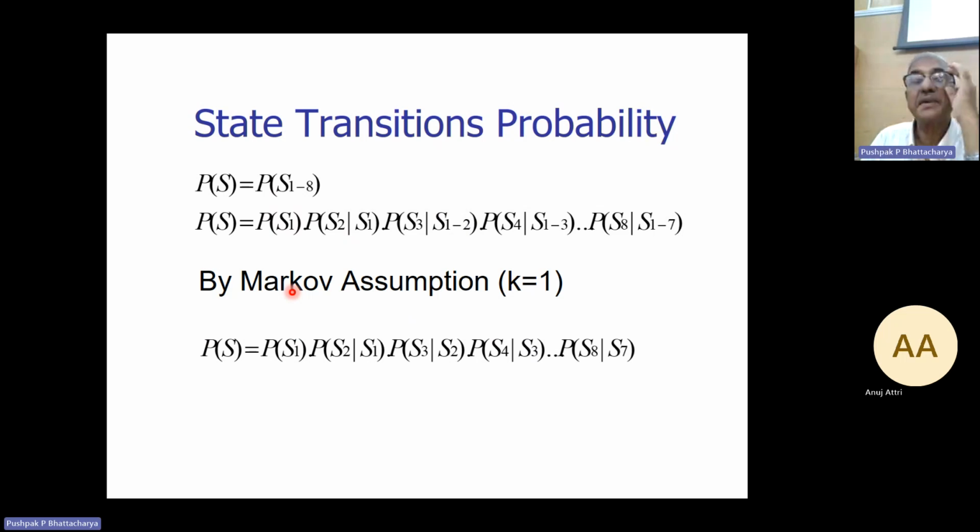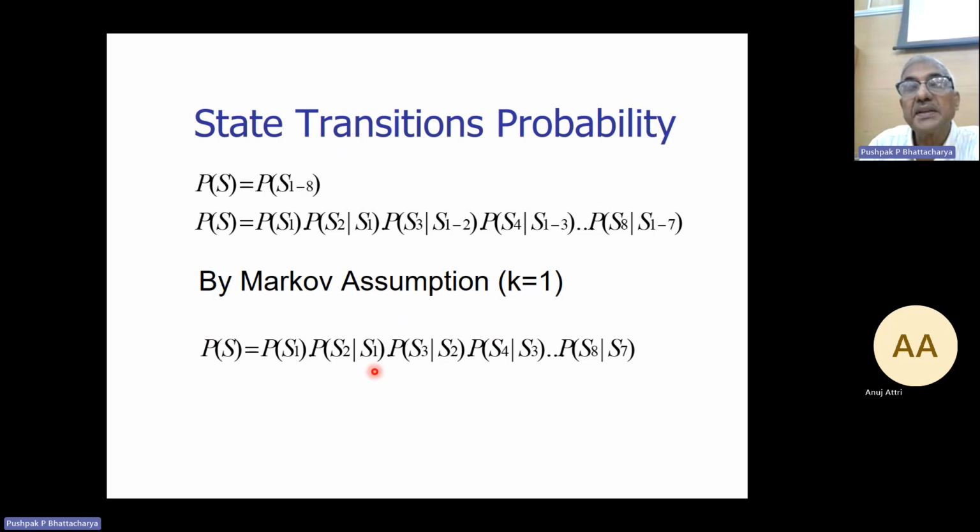Now we make what is called the Markov assumption, k equal to 1. Probability of S is equal to probability of S1, the first state, probability of S2 given S1, probability of S3 given S2, S4 given S3, S8 given S7.